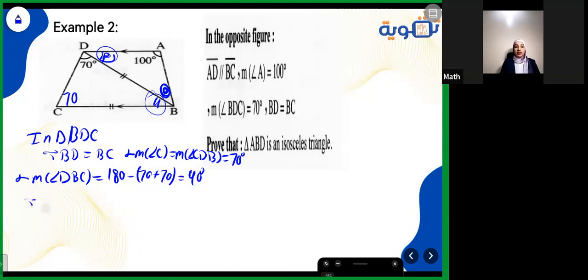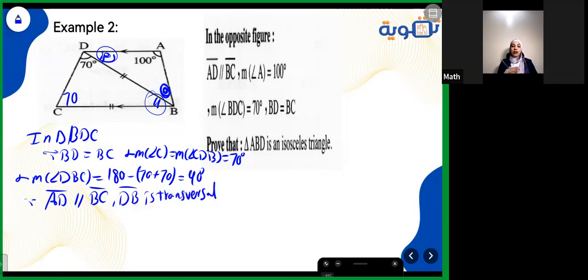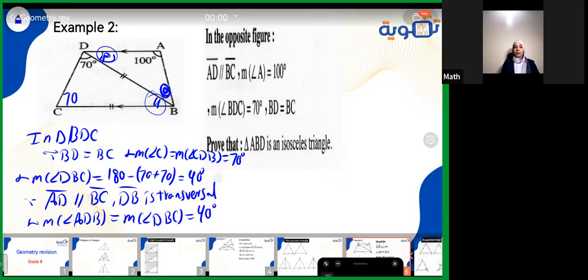Since AD is parallel to BC and DB is the transversal, and the transversal is the line joining between these two parallel lines, then measure of angle ADB will equal measure of angle DBC, which is 40. So it will be 40 degrees.